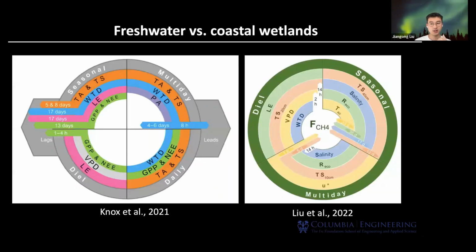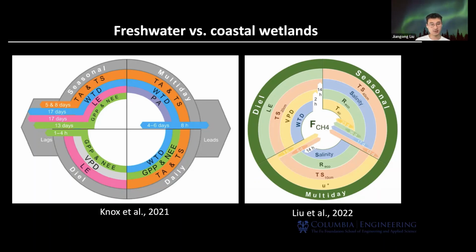We compared our results with the global synthesis from freshwater wetlands, and we found that at the diurnal timescales, the results are quite similar. We both find that plant activities play a major role at this timescale, controlling methane dynamics through synchronous processes.